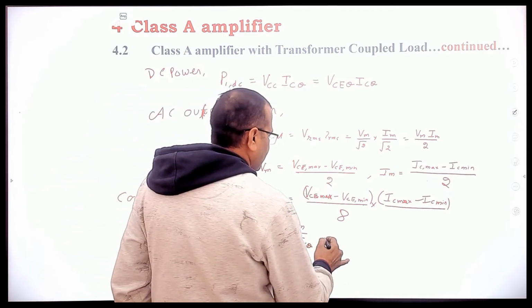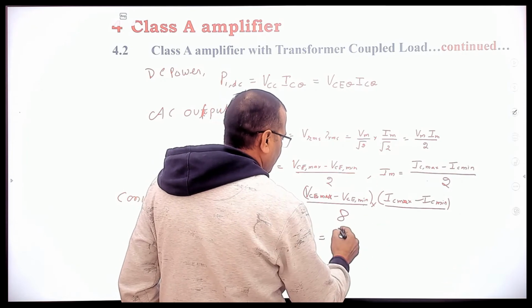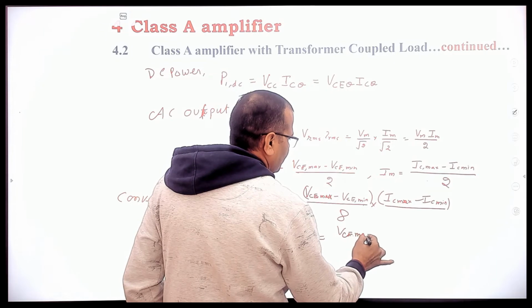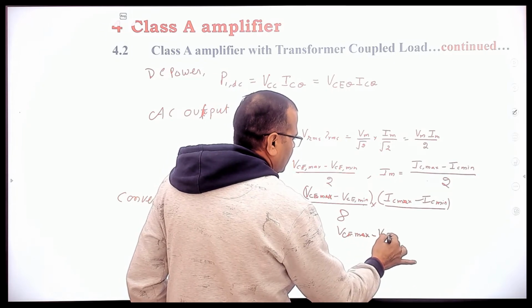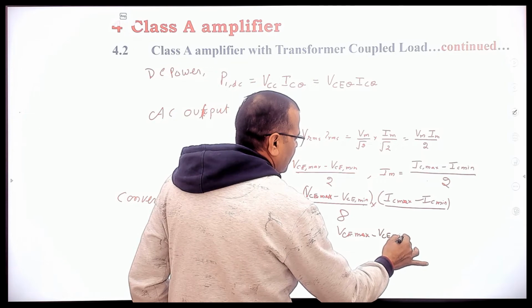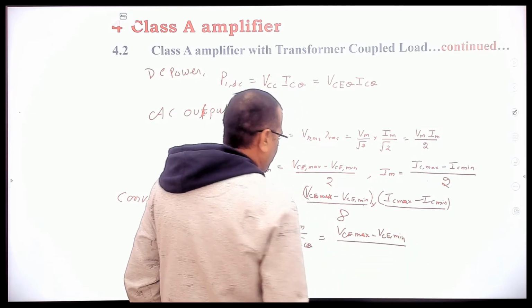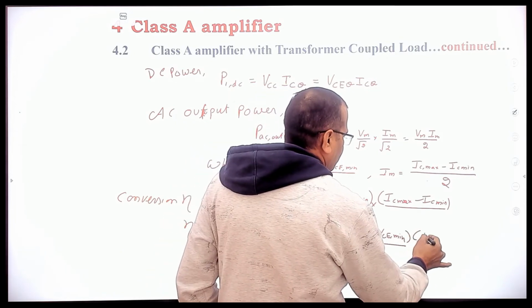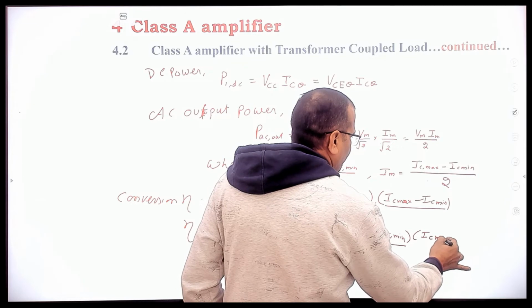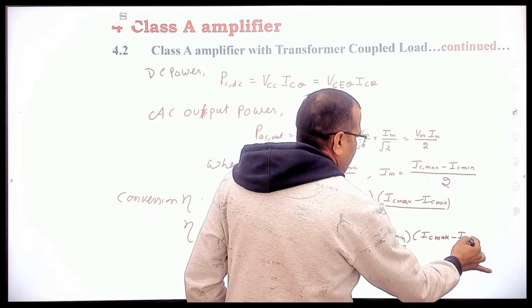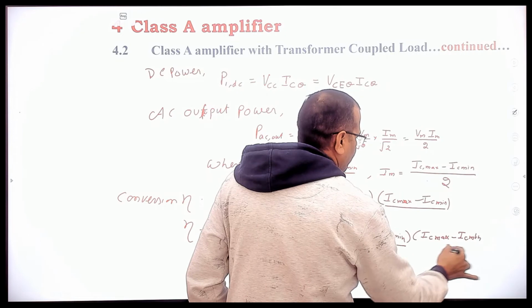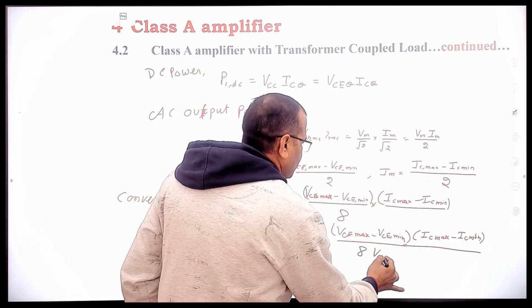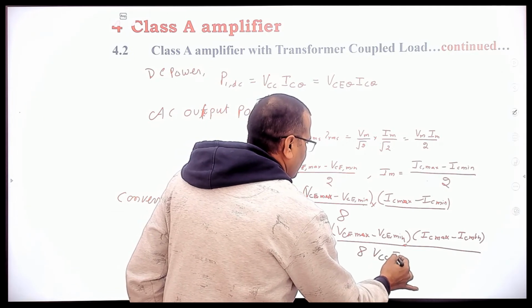Or you can further write this expression completely here: VCE max minus VCE min divided by 8, into IC max minus IC min, divided by VCC into ICQ.